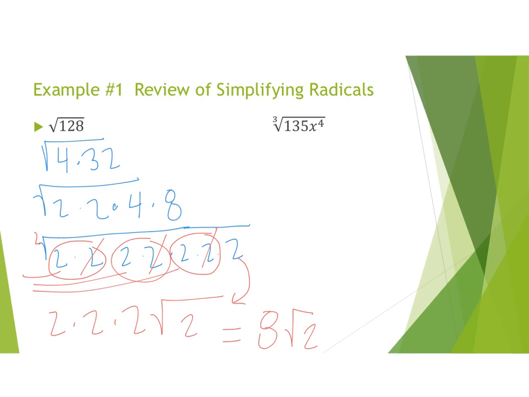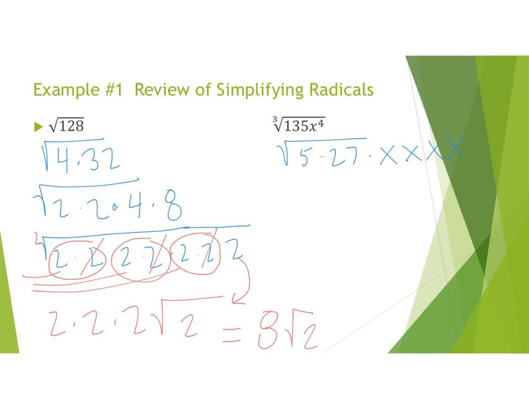Let's try simplifying a higher root, cube root. We still simplify the radicand by finding what numbers we can multiply by. 135 is 5 times 27, and x to the fourth means there are 4 x's.